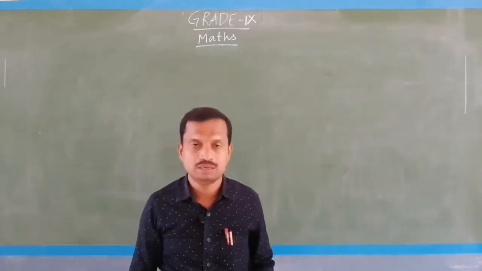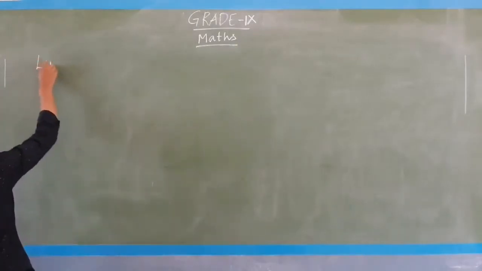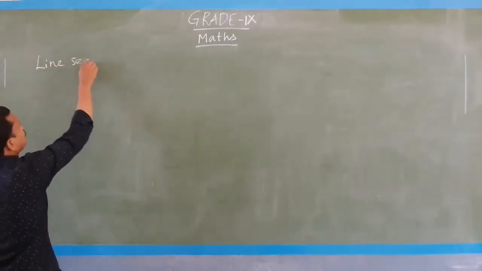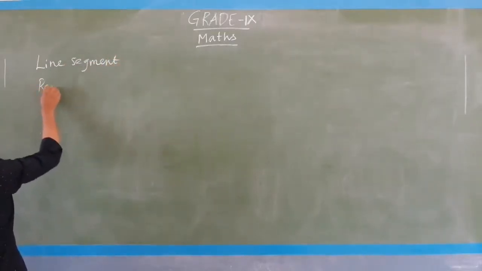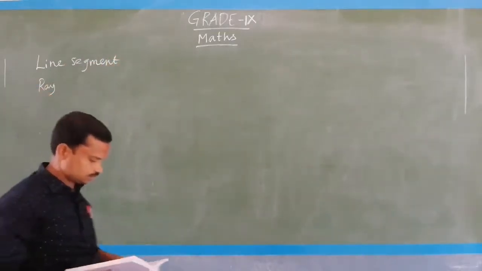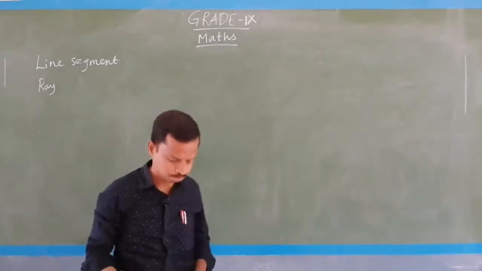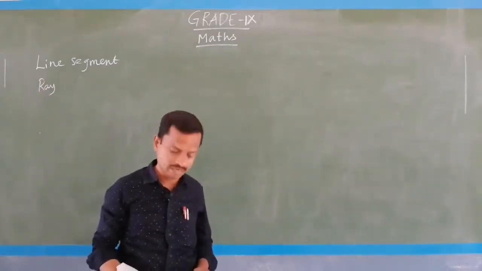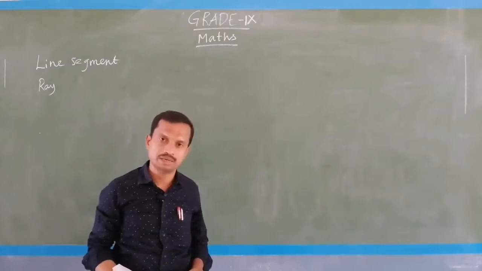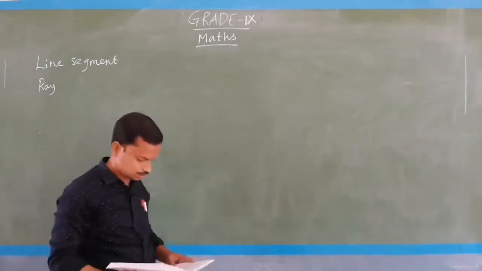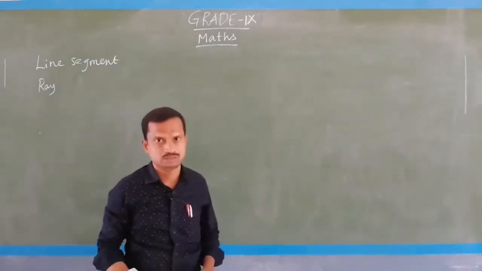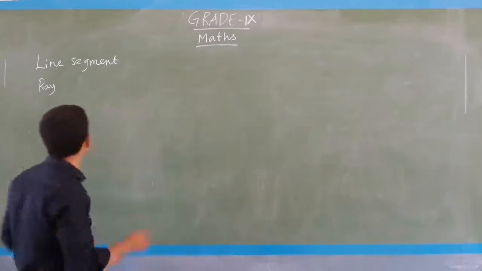And then ray. First of all, line segment, and then ray. For ray, a part of a line with one endpoint is called a ray. So under this ray, you write that. And next, collinear points.